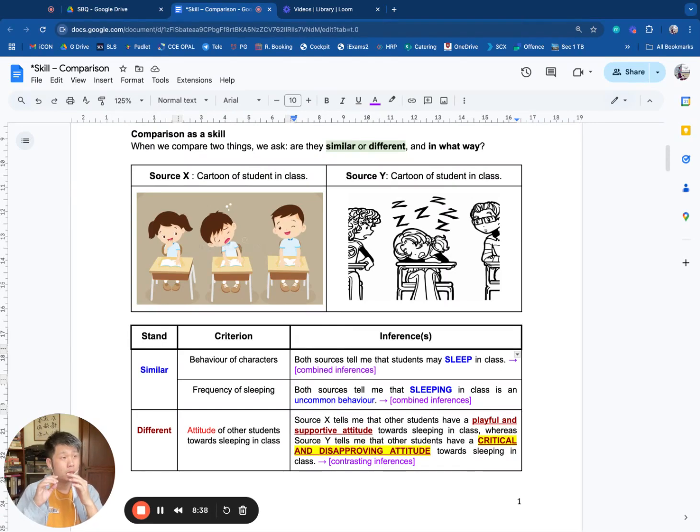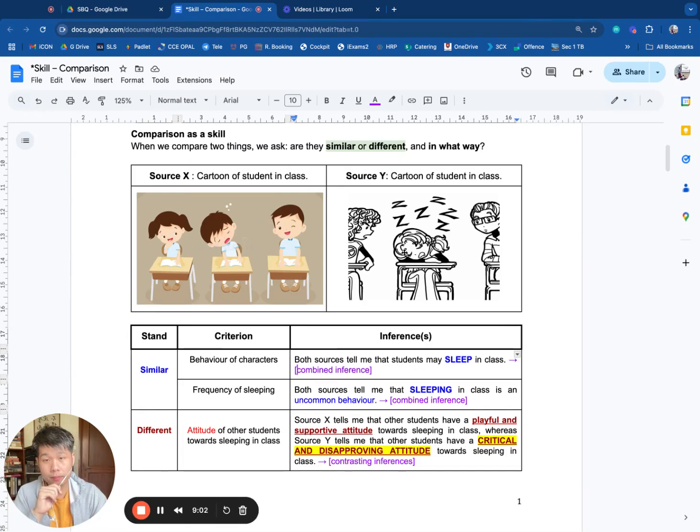Number one. Number two, I have a question for my Sec 1 students who are watching this video. My question is this. We are looking at two sources. So why is it that when I talk about the similarity, I only have one combined inference, a single combined inference? Here is one combined inference. Yet, in the difference, there are two contrasting inferences.